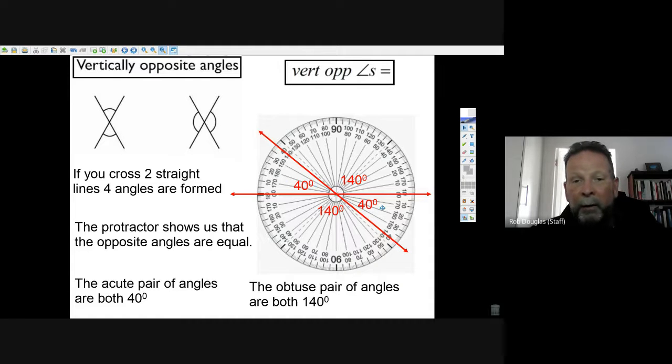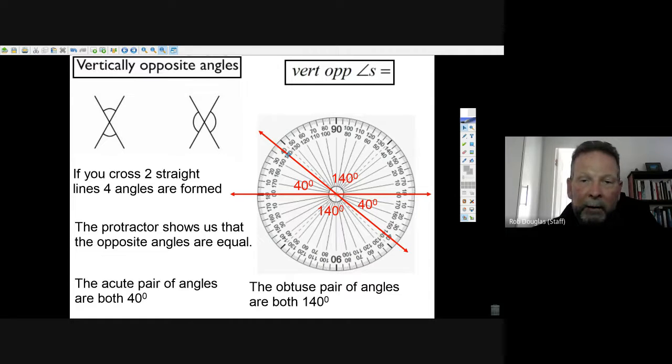Not only are those two little ones equal, let's take a look at the protractor and show that this big angle is 140 degrees. To get there, we would start counting here. Look, 10, 20, 30, 40. We're bending. We're at 90, 100, 110, all the way stopping at 140. So it's good to see on the protractor where you're going.